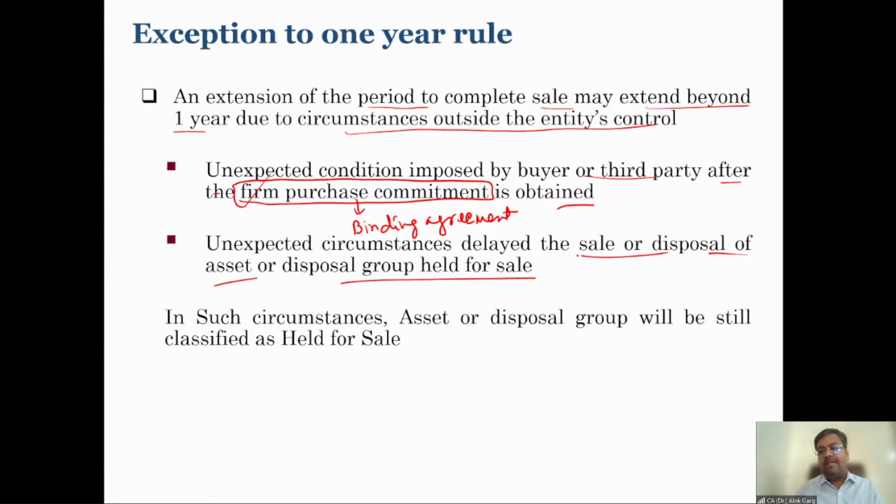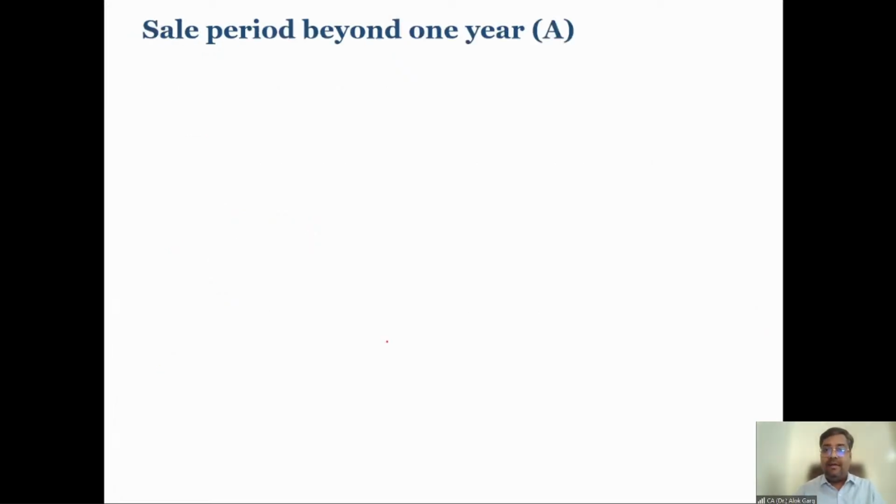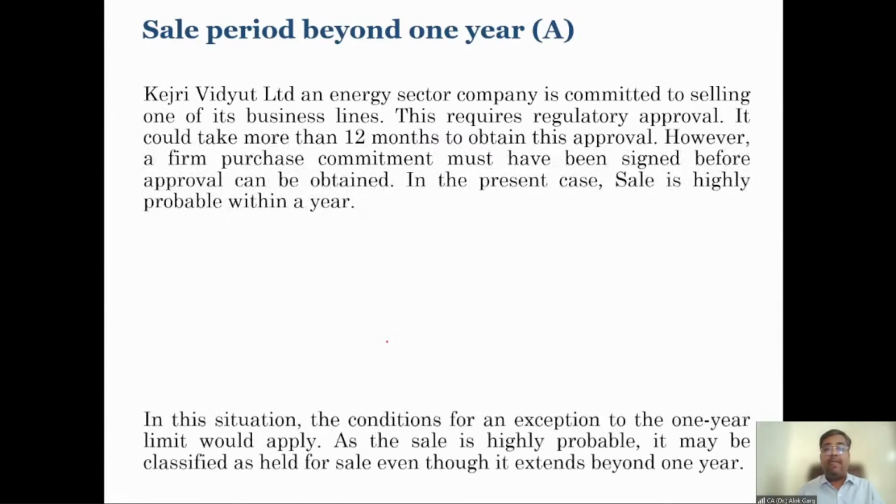Of course, unexpected circumstances like COVID, trade union strike, creditor strike, or non-registration, or the buyer's condition has delayed the sale. Delayed the sale means delayed the complete sale. In such circumstances, the asset or disposal group will still be classified as held for sale, right?